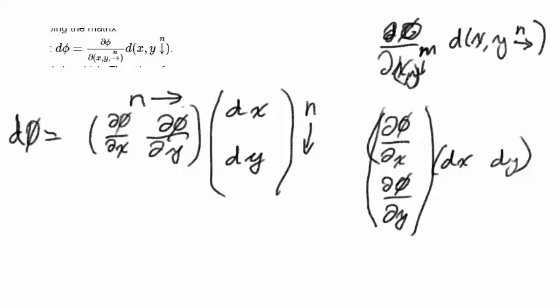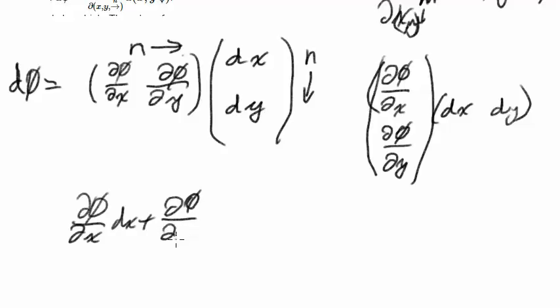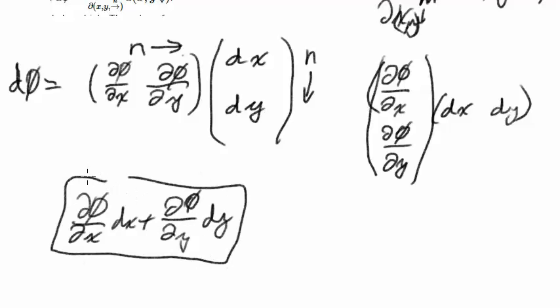And so this, when we multiply this one out, we're going to get del phi del x dx plus del phi del y dy. So this is just one term.